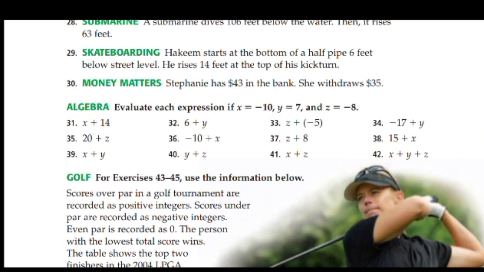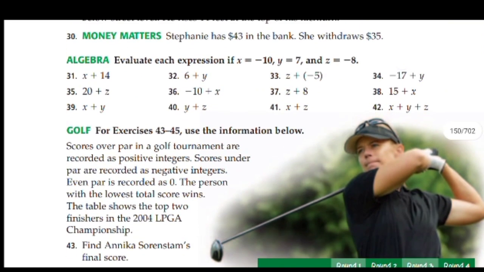Algebra. Evaluate each expression if x equals minus 10, y equals 7, and z equals minus 8. 31. X plus 14. 32. 6 plus y. 33. Z plus minus 5. 34.